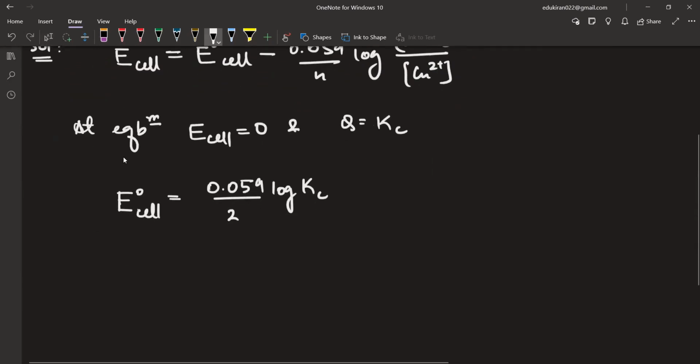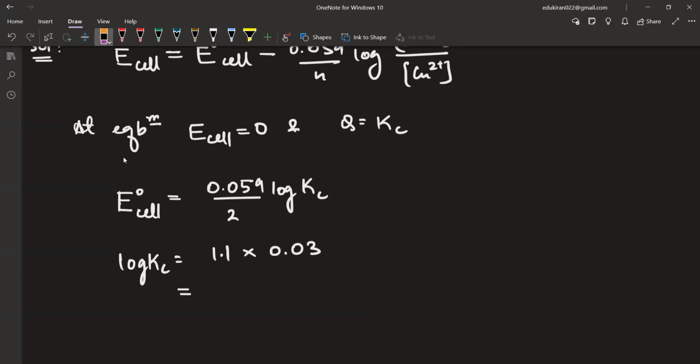So now what I will write, E naught is equal to 1.1. So log Kc is equal to 1.1 into 0.03, I can write, yes or no? Correct. How much will it be? Write the answer. Log Kc will be equal to how much? Did we write something upside down? What is 1.1?